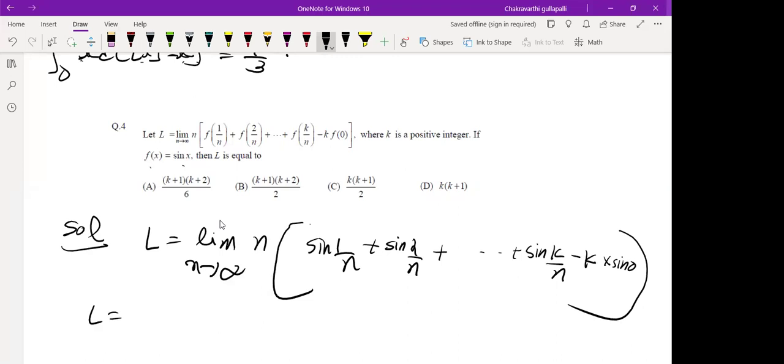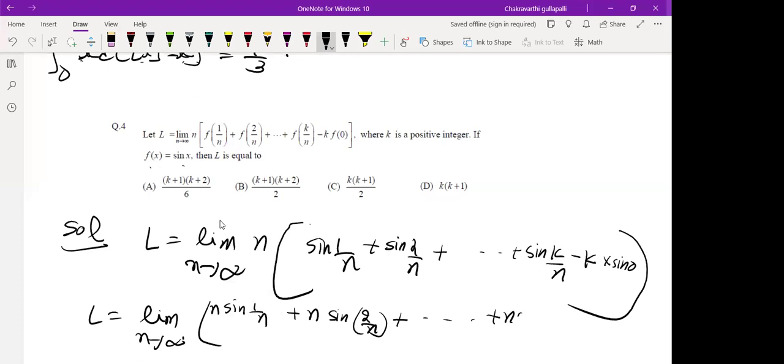So the idea was the child will get through. So, sin 1 by n into n, sin 2 by n, sin k by n. This is 0 anyway. 0 into anything is 0. So, simplify. How to go from here?